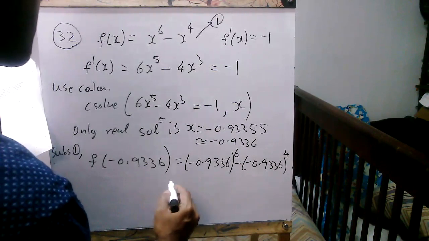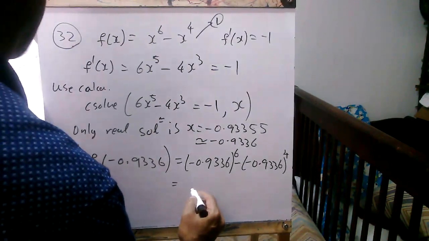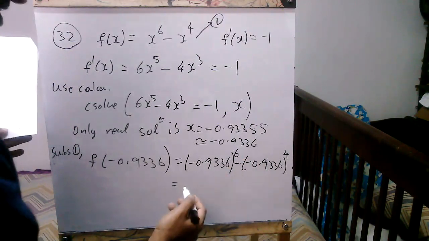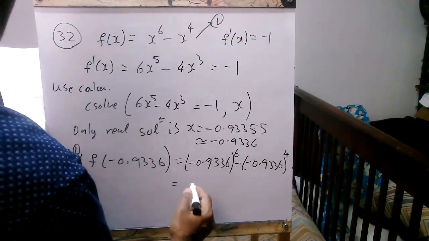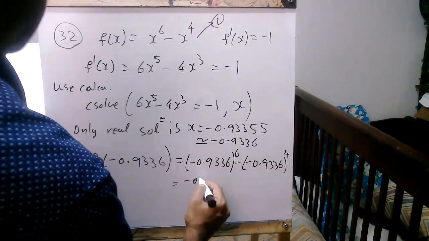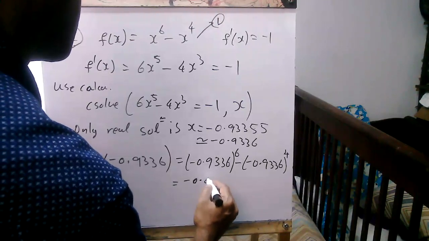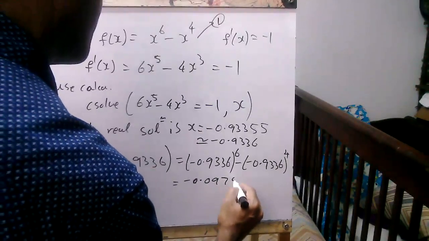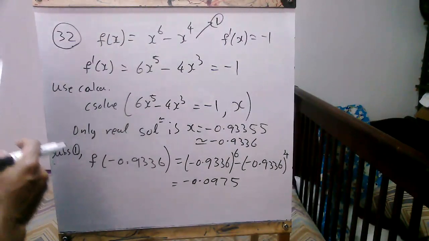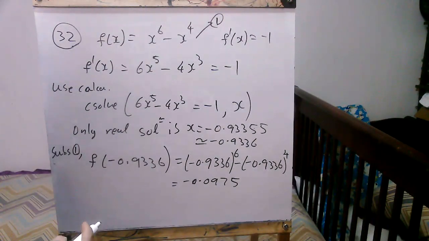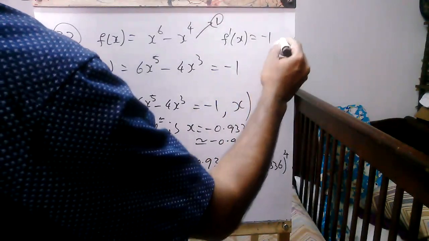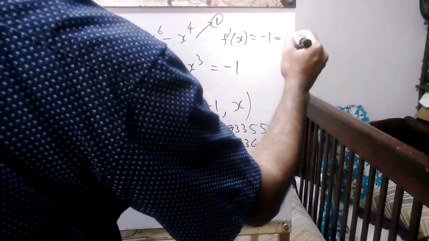This is equal to, you use calculator, so you don't have to worry about these numbers, negative 0.0975, right? This is the slope f dash x. They give us the slope m.